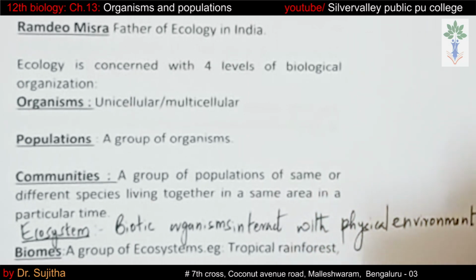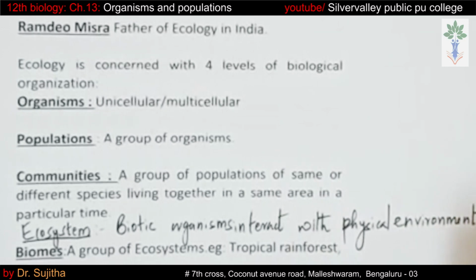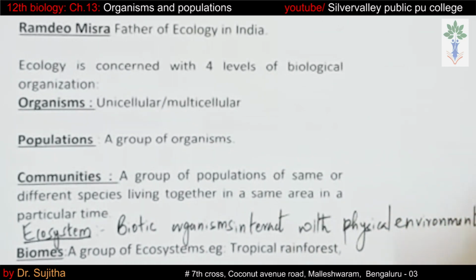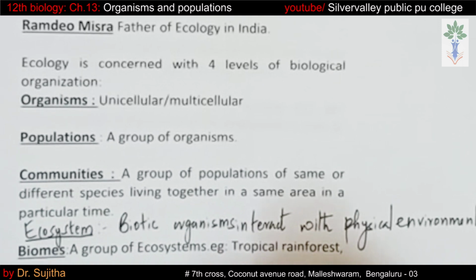Example, fishes living in a pond. It can be the same or different species of fishes living in a pond. Together they are called an ecosystem. Then a group of ecosystems give rise to biomes. Example is tropical rainforest.